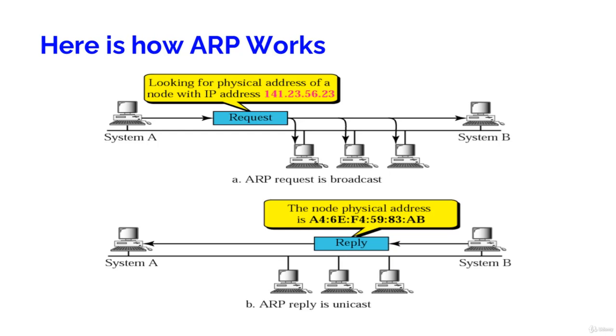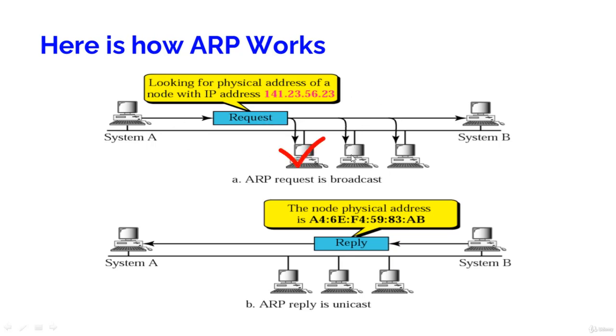If ARP resolution is not there in the local cache, the source machine will generate an Address Resolution Protocol request. So, as you can see, System A has generated the message looking for the physical address of a node with IP address 141.23.56.23.